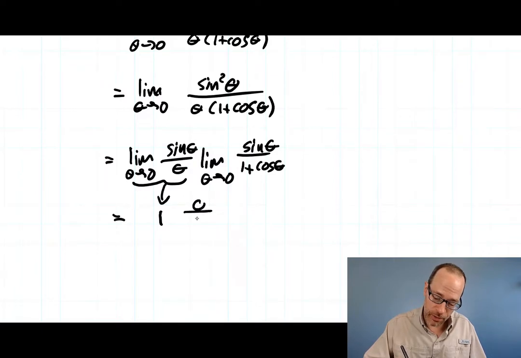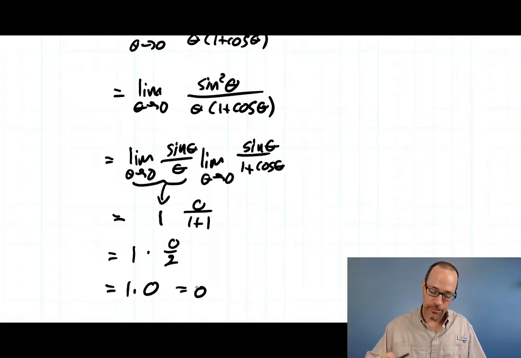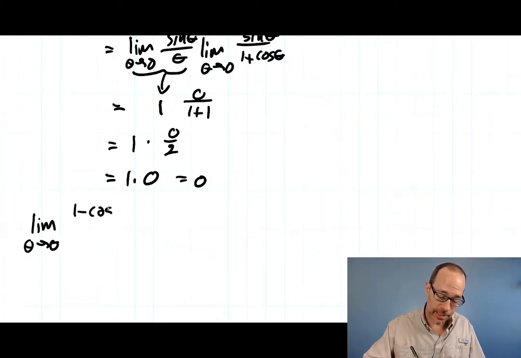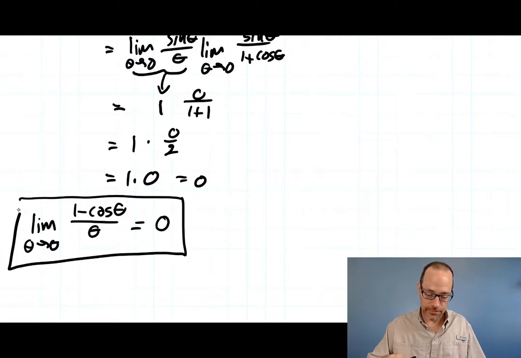So I get 0 over 1 plus cosine of 0, which is 1. So I get 1 times 0 over 2. It's 1 times 0. That's 0. And so this gives us our second important trig identity that we'll need later. The limit as theta goes to 0 of 1 minus cosine theta over theta is 0. All right, we'll need that one later.